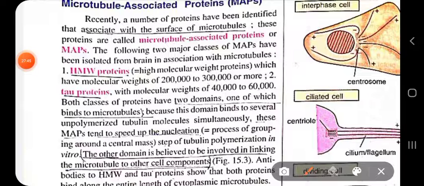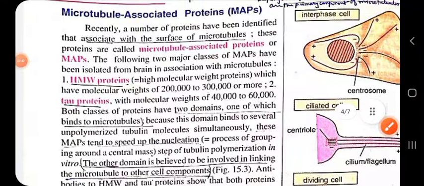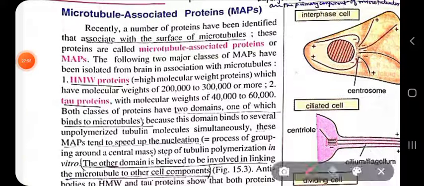Now let us see more of the other accessory proteins of the microtubules, which help in the organization of the microtubules. Recently, a number of proteins have been identified that associate with the surface of the microtubules.